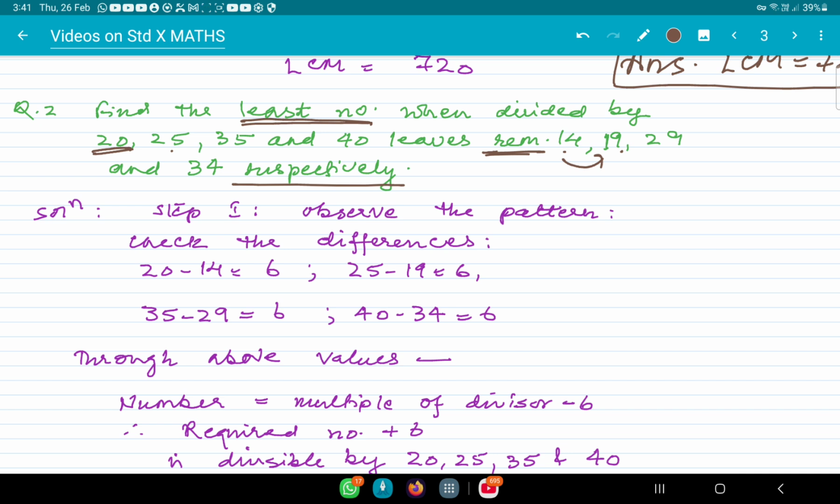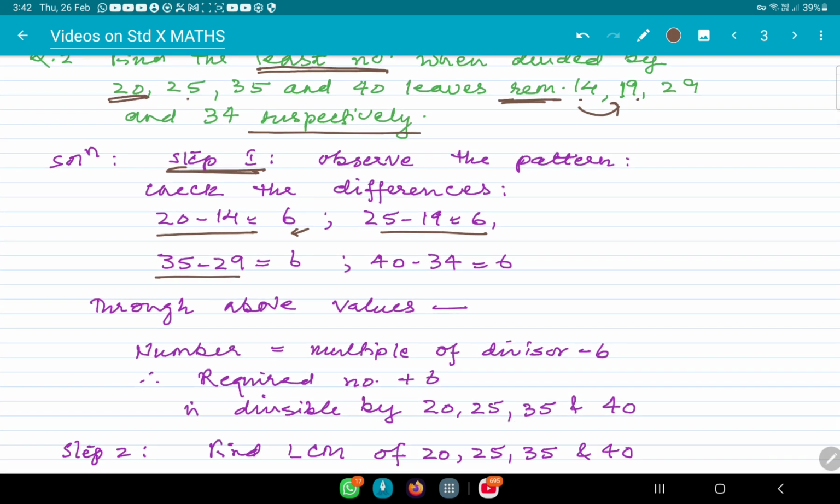Now first we will see the pattern. So check the differences. This is your step 1. Here we see that when 14 is subtracted from 20 we get 6, 19 subtracted from 25 we get 6, 29 subtracted from 35 we get 6, as well as 34 subtracted from 40 we get 6. So every time we have the same digit 6.